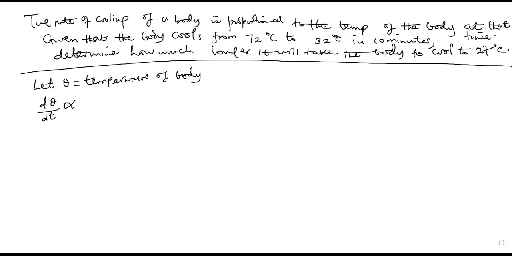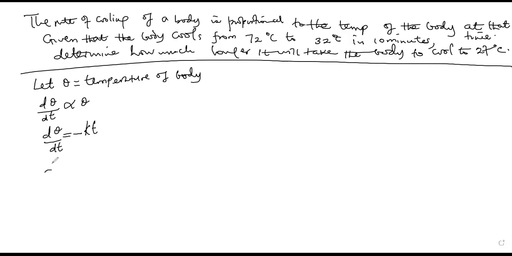So now there is nothing like subtracting the excess. No. So just say theta. Then d theta dt, since there is cooling, is equal to negative, introduce K. Why negative? Cooling.